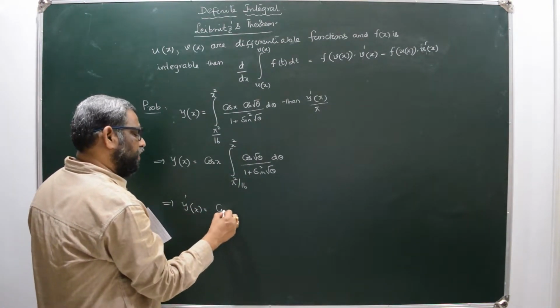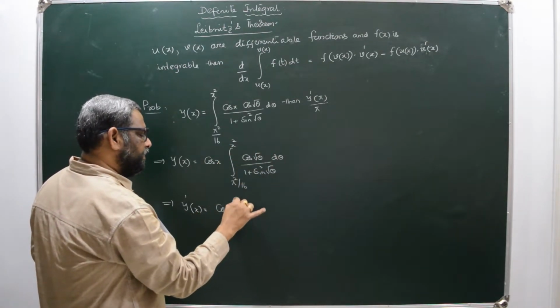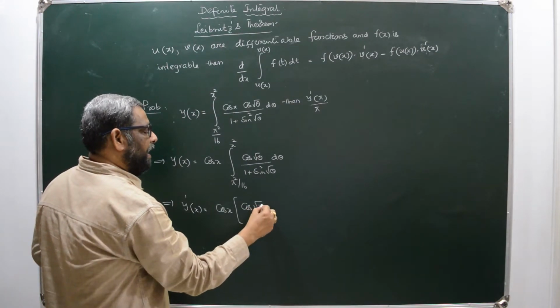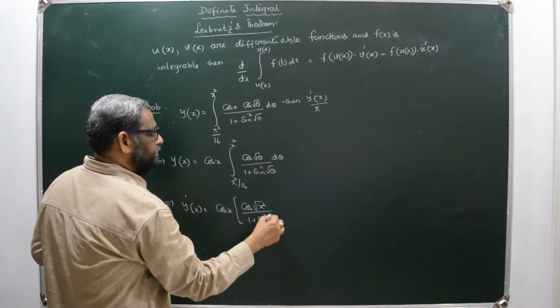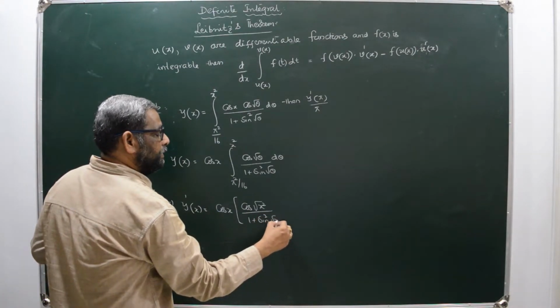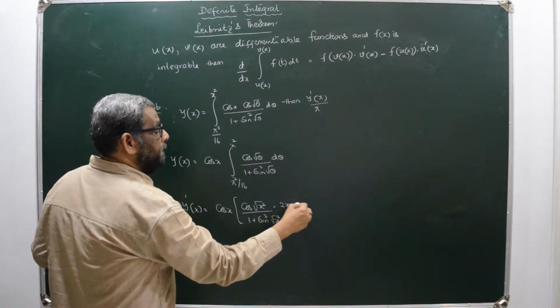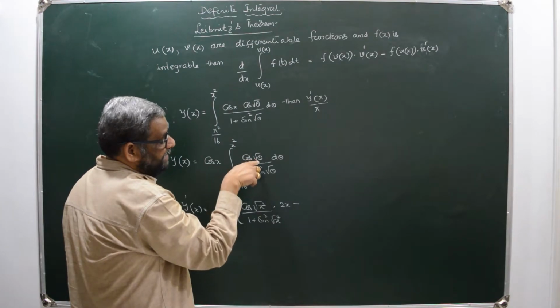Cos x, that is u, into the derivative of v, the differentiation of this. This is cos of root x square, the upper limit, by 1 plus sin square root x square, into the derivative of x square, 2x, minus cos of root pi square by 16.